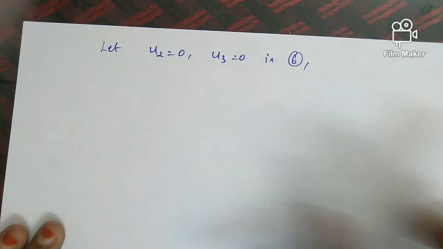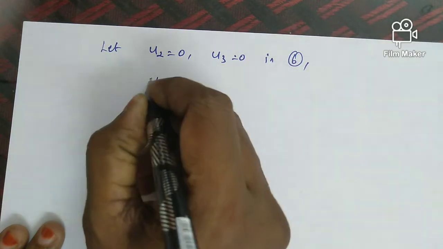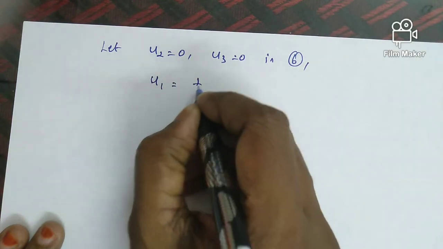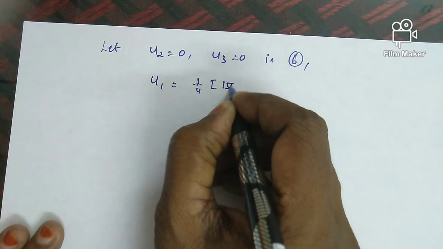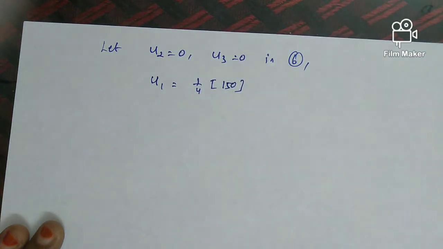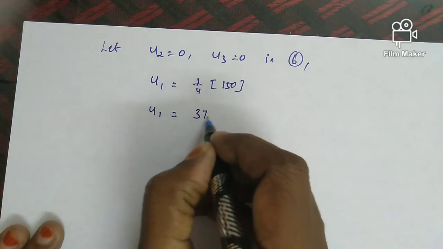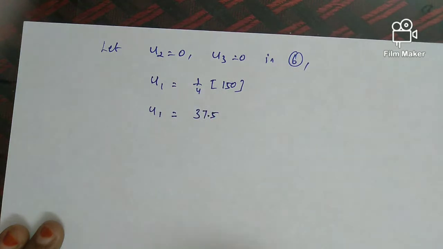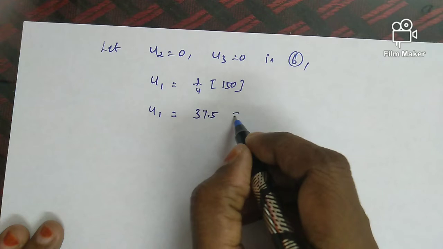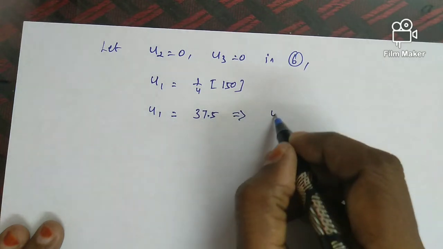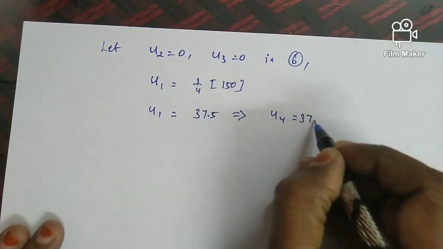So what will happen? u1 equal to 1 by 4 into 150. Substituting u2 0 and u3 0, u1 equal to 37.5. And just now we have arrived at the result u1 equal to u4, so from this we get u4 equal to 37.5.